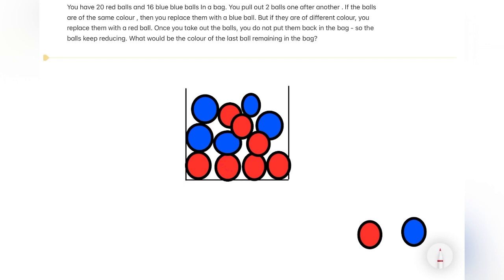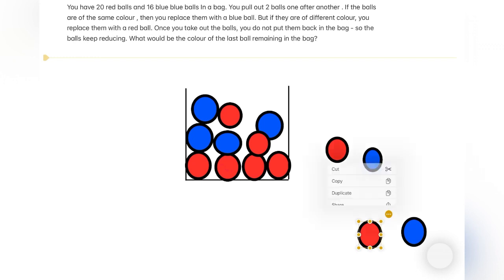This is the question. So what he is saying is, if you are bringing out two different color balls, then you will place a red ball into the box.